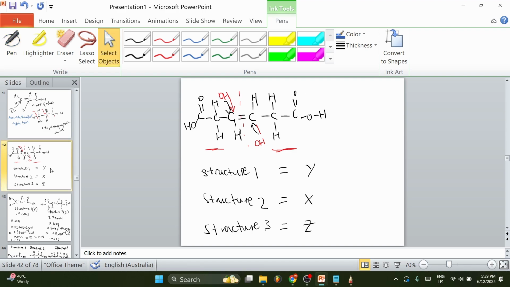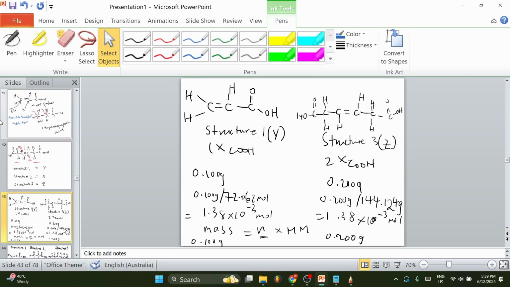So now we are going to address point number 2 and point number 4 to further show evidence of the structure that we've assigned to 1, 2, and 3. We know that 0.100 gram of structure Y reacted with the same amount of bromine as 0.2 grams of structure Z. So if we compare the moles of these 2 molecules, we get the same mole, 1.38 times 10 to the negative 3.